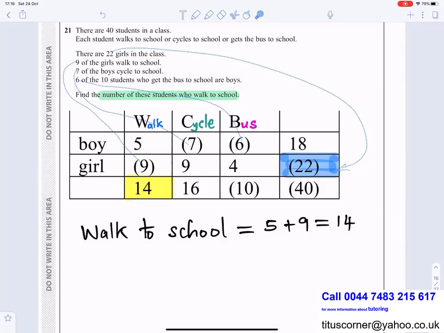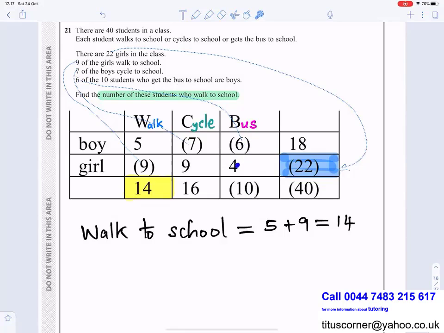And 6 of the 10 students who get the bus to school are boys. So for the bus, the total number of students is 10. You put that information in from the question, and you can get 4 by 10 take away 6.